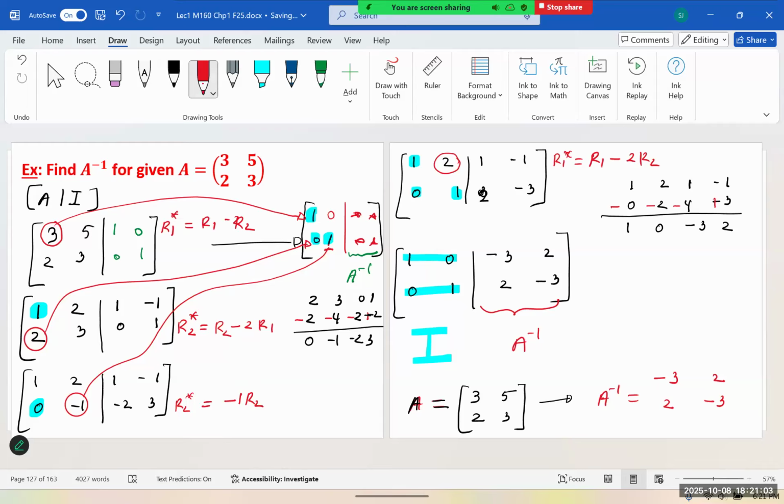Let me check. We swap 2 and 5, and I change the sign. Yeah, this should be 5, but this one should be 5. Oh no, the bottom one should be 5. So why did I make a mistake? The 0, -1, -2.